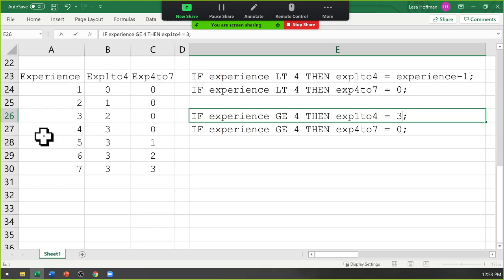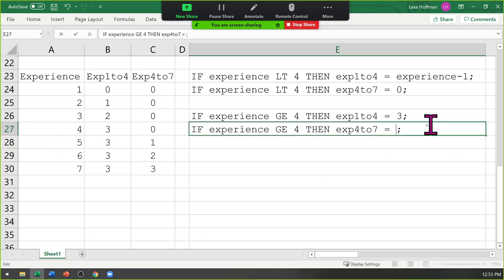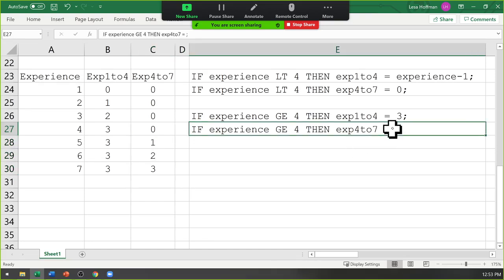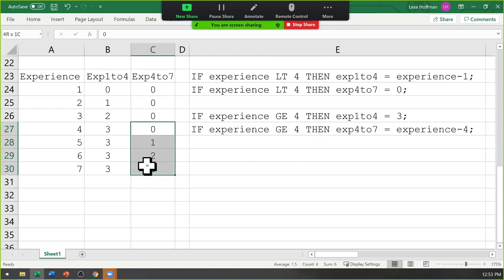The next one, though, is conditional on experience because it has to change as a function of what experience was. So what mathematical function do I need to make it change like that? This one is going to be a minus 4, because that is how those numbers would be created.